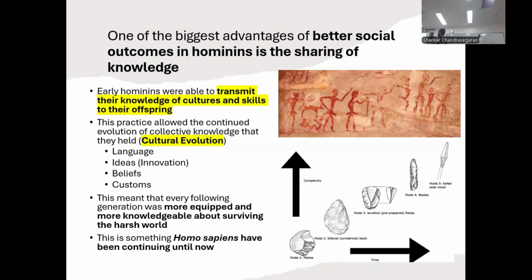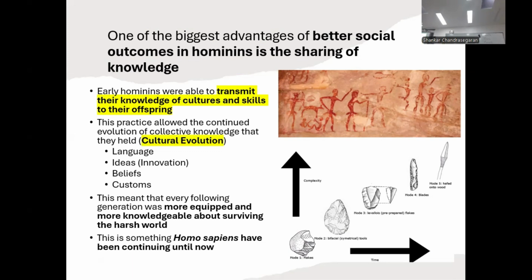So early hominins were able to transmit their knowledge and cultures and their skills to their offspring because of this better social outcome. So this allowed for the evolution of collective knowledge that they held in the sense of language, ideas, beliefs, and customs. So this allowed them to basically undergo a cultural evolution as well, not just a biological evolution.